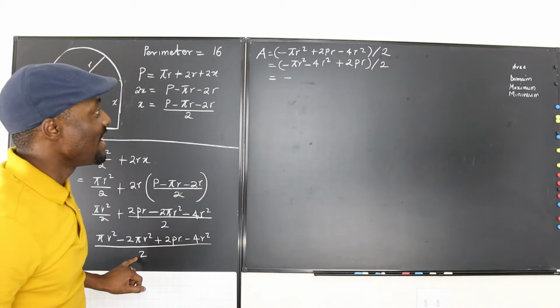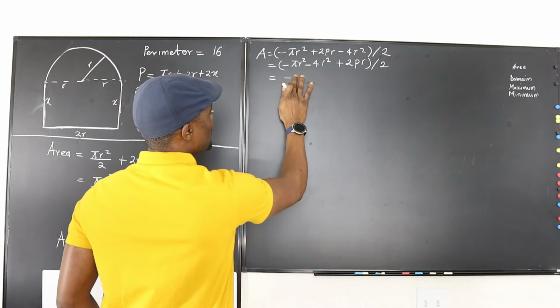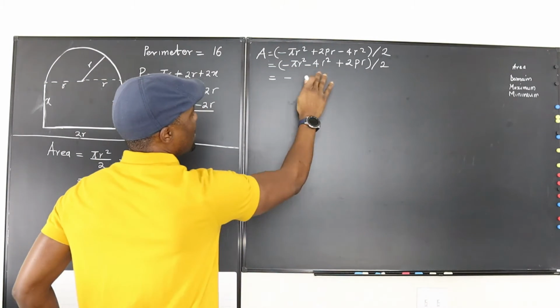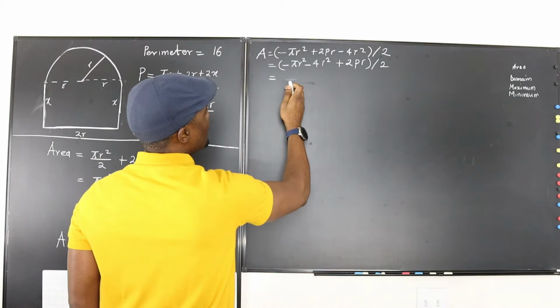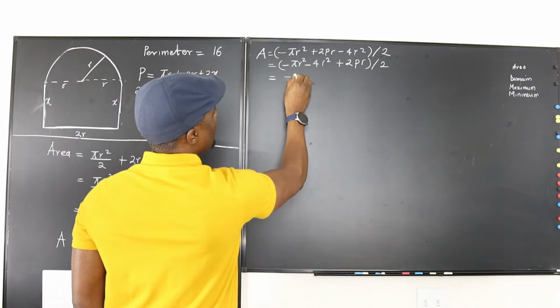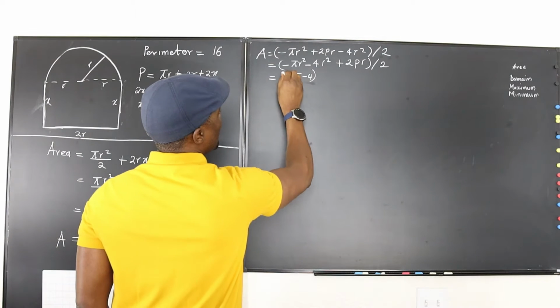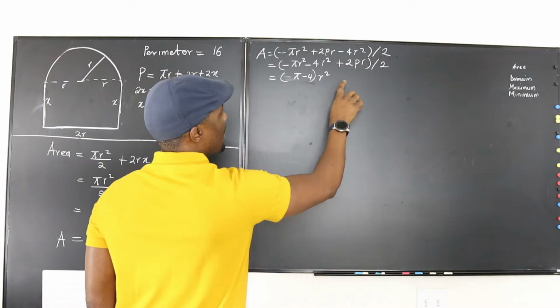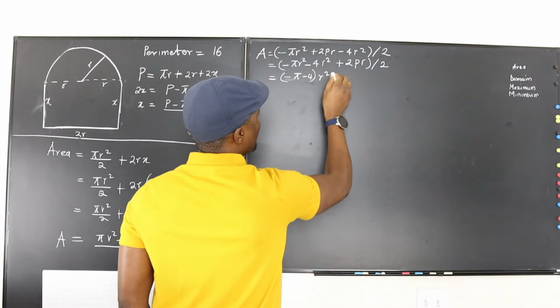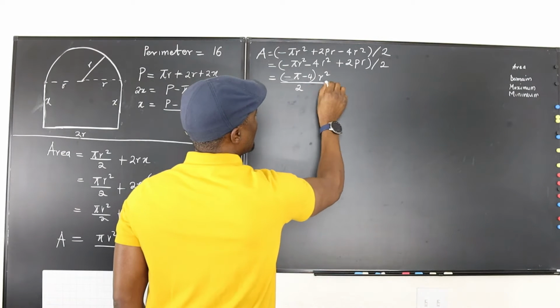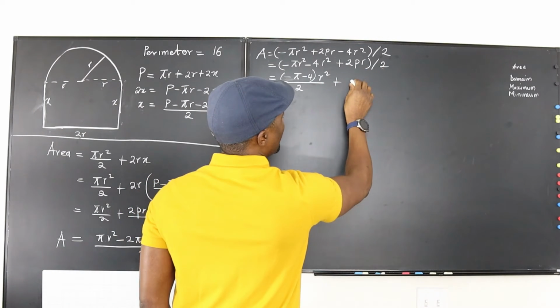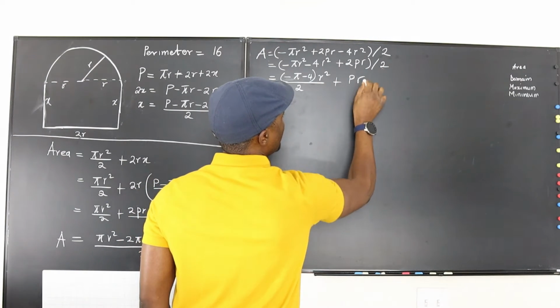Okay, it's right there. So now we can actually split this. Let's put this together. So this is going to be negative pi minus 4. You have r squared, and then here you have, that's over 2 plus, if you divide this by 2, you're going to end up with pr.